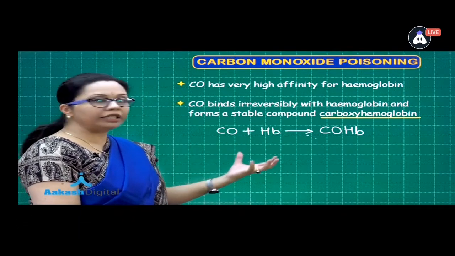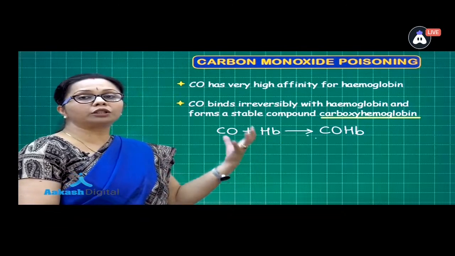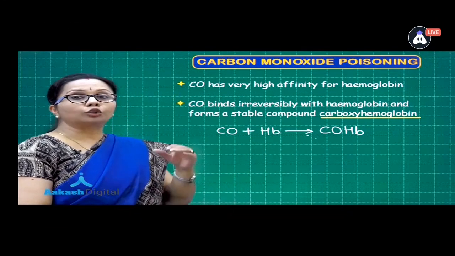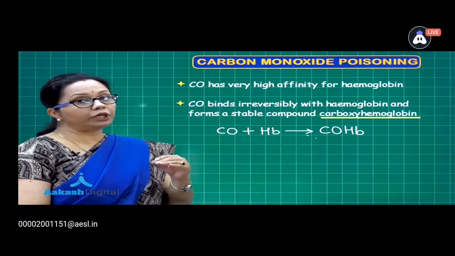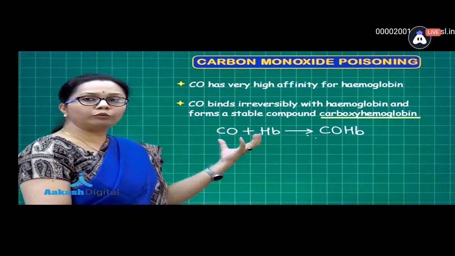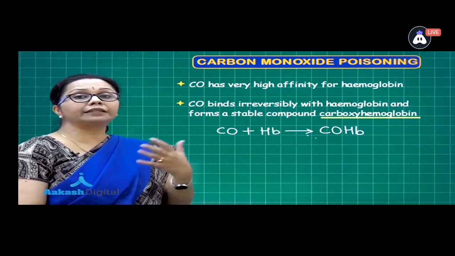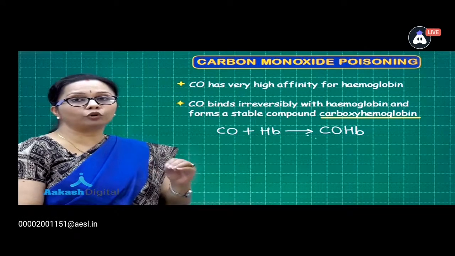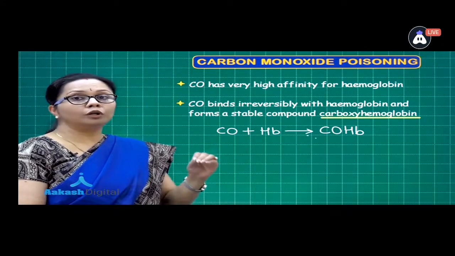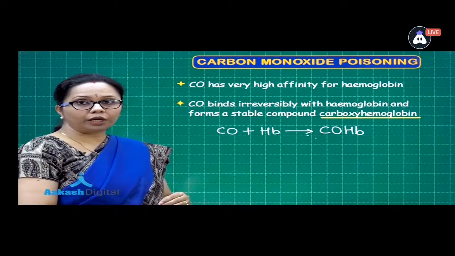Once carboxyhemoglobin is formed, the hemoglobin cannot deliver oxygen. So, as a result, the person would die due to asphyxiation. Although a little carbon monoxide is not that harmful, it becomes so when nearly 70% or more of the hemoglobin is bound to carbon monoxide and has formed carboxyhemoglobin.